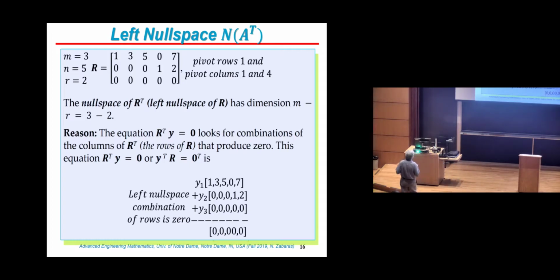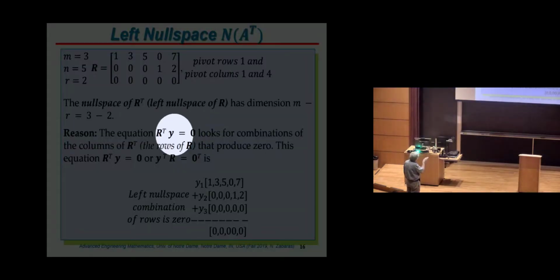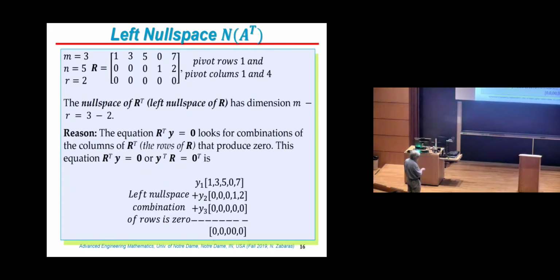And obviously we look for non-zero dependency. So I'm looking basically for the vector y, so that when I multiply from the left with R, I get a 0 row vector.